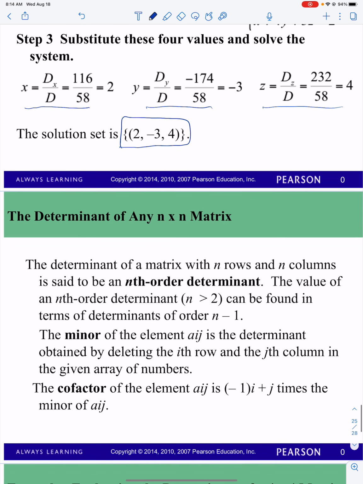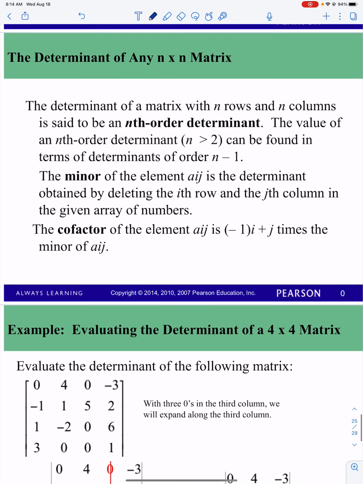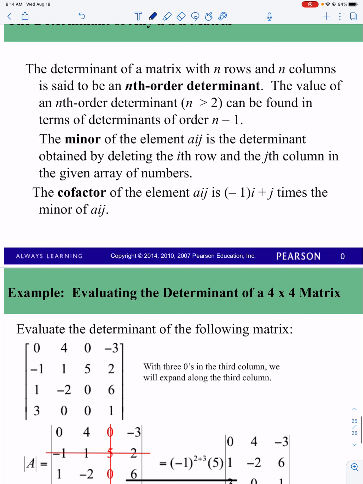Good. So the determinant of any n by n matrix, this will be the tricky one. It has n rows, n columns, so it will be the nth order determinant. The value of the nth order determinant can be found in terms of order n minus 1.